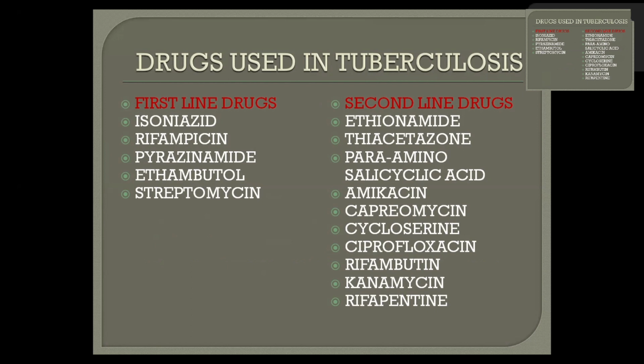That is a repeated question for BSc nursing. So first-line drugs are isoniazid, rifampicin, pyrazinamide, ethambutol and streptomycin. Second-line drugs are ethionamide, thiacetazone, para-aminosalicylic acid, amikacin, capreomycin, cycloserine, ciprofloxacin, kanamycin and rifampicin.